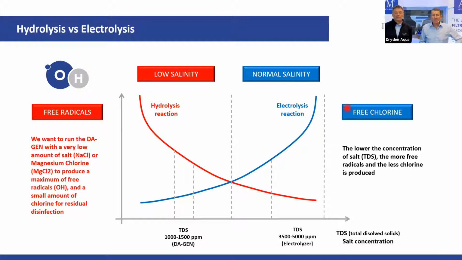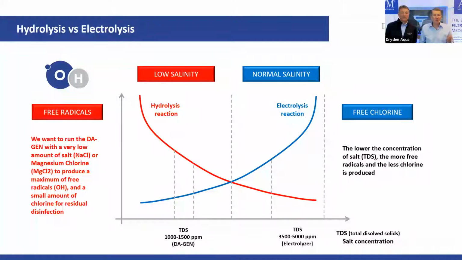As we increase our salinity, the production of free chlorine goes up and the production of free radicals goes down. And the opposite: if we go to a low salinity concentration, we start to produce more free radicals and less free chlorine. This is exactly where the DHN works.